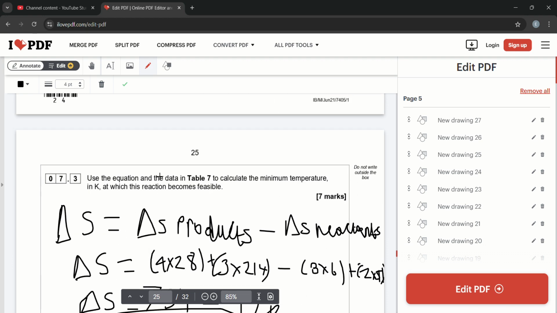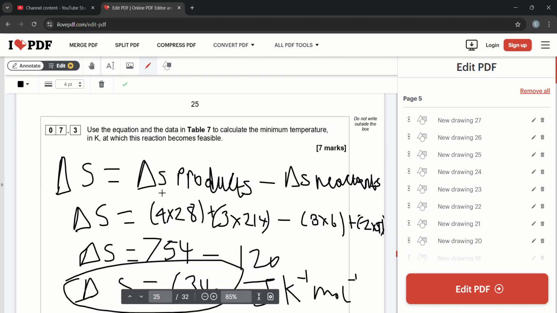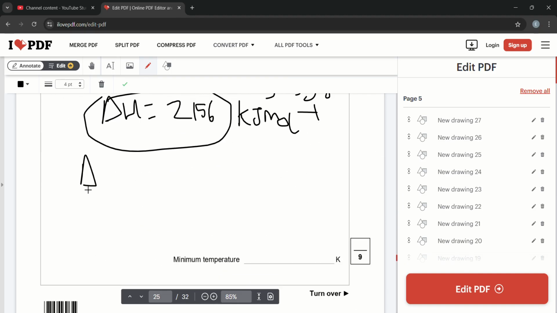And now finally, to calculate the minimum temperature at which the reaction becomes feasible, we need to use the Gibbs free energy change.